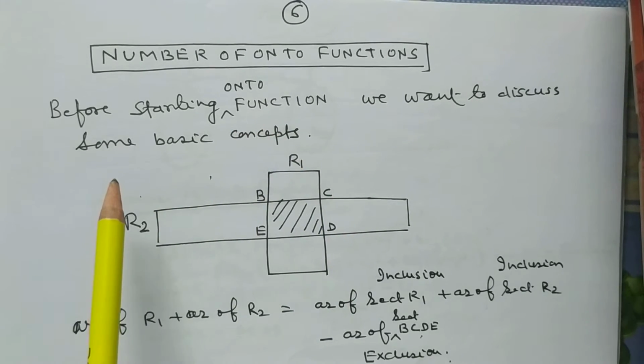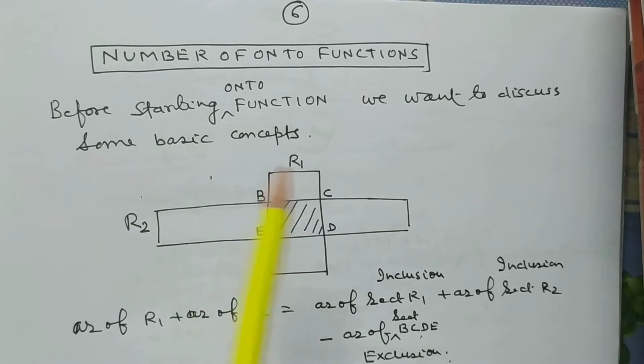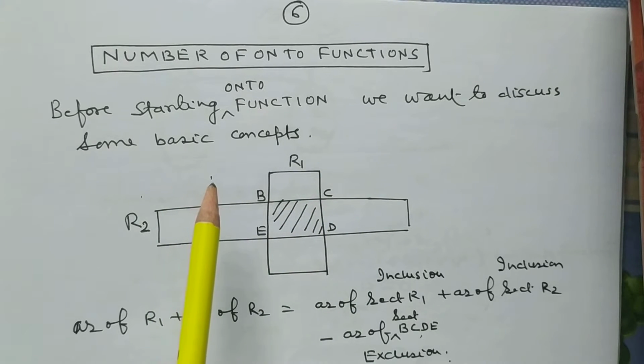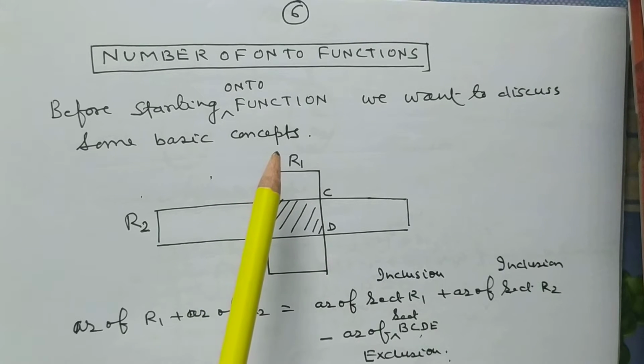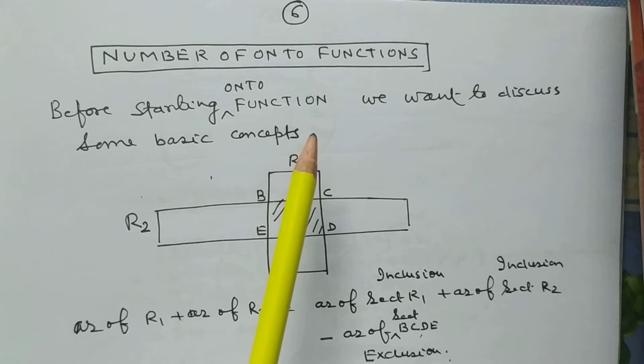One is by using a formula and the other is by using counting. That's why counting plays a vital role in solving the problem of onto functions.